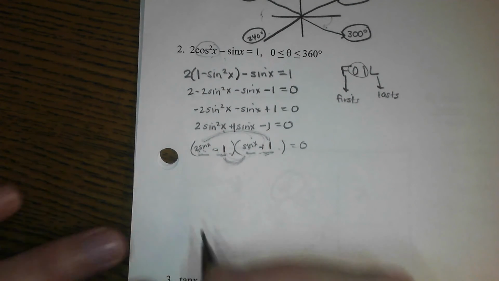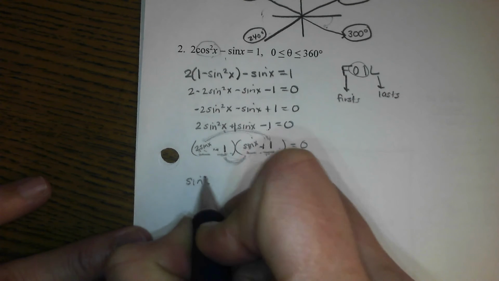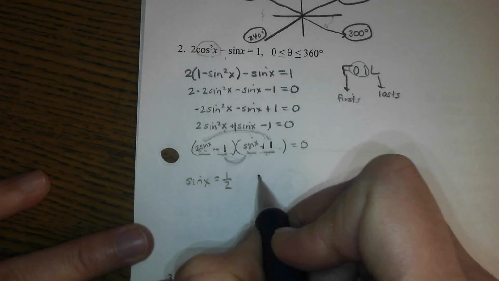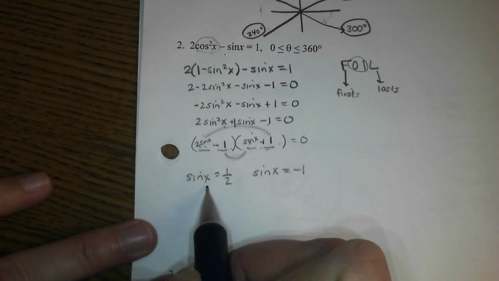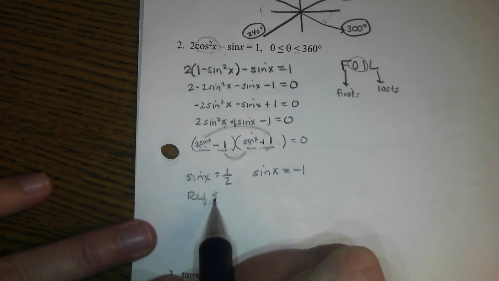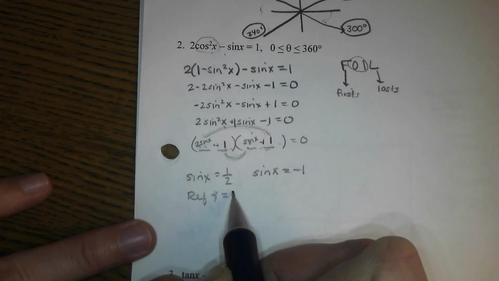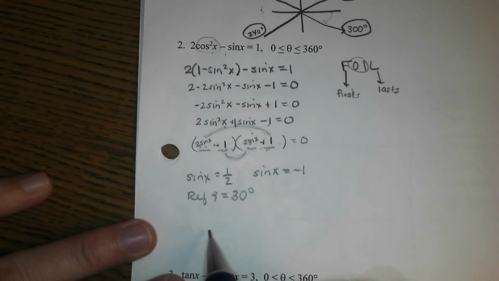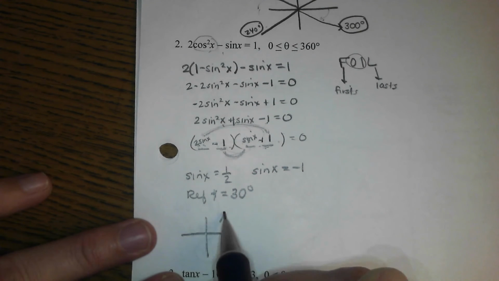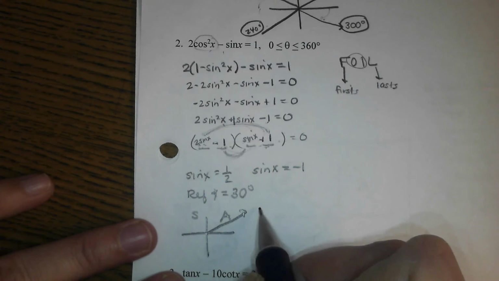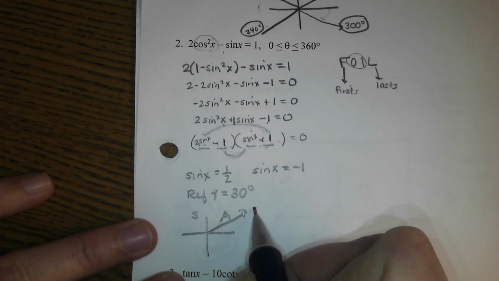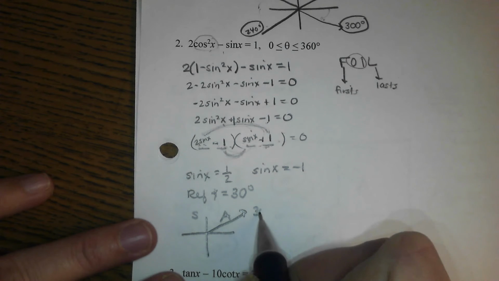All right, so now if I tee it up, sine of x could equal a half, or sine of x could equal negative 1. For the 1/2, what's my reference angle? 30. And sine is positive in the first quadrant and the second quadrant. So the first quadrant version of 30 is 30.